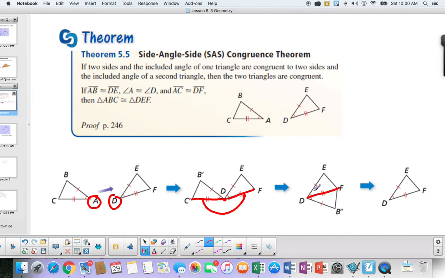Now we have these two angles that are matching, and we have these two sides that are matching, and if we do a reflection, this side will match to this side, this angle will match to this angle, and all of these other sides and other angles that weren't mentioned will come along and get mapped. So our shortcut is called SAS.